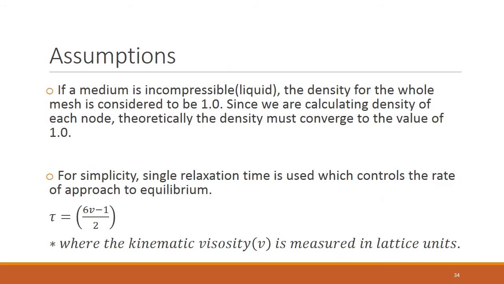So, a couple of assumptions. We're going to use incompressible flow, like a liquid. For liquid, water especially, we know the density is equal to 1. That's what it says here: if the medium is incompressible, the density of the whole mesh is considered to be 1. Since we are calculating the density of each node, the theoretical density must converge to a value of 1.